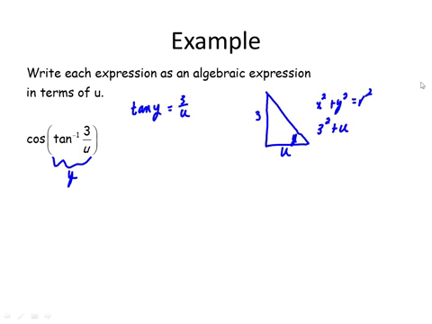It doesn't matter which one you let be what. So your hypotenuse is the square root of 9 plus u squared. So what is cosine?